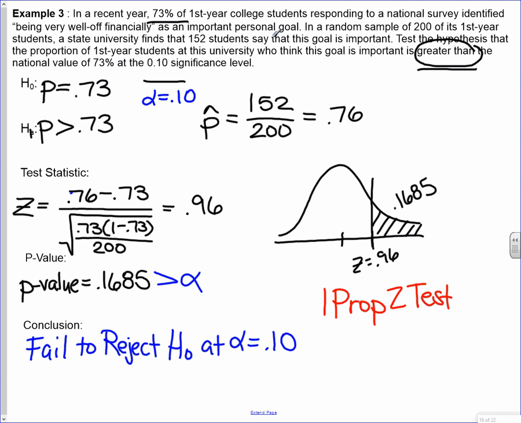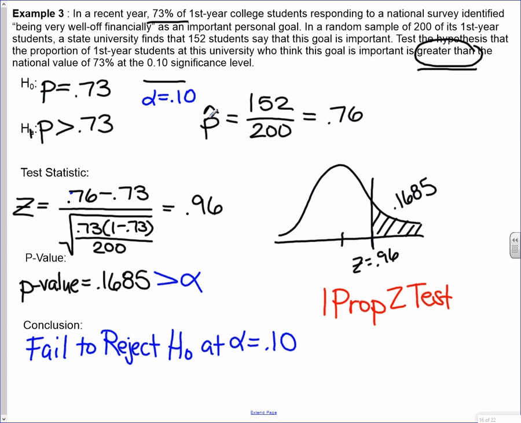One way to figure that out is if they don't give you a standard deviation, then you're probably doing proportions, right? Because we need a standard deviation if we're doing means. But for proportions, we're looking for those percentages, or 152 out of 200, that kind of gives us an idea we're doing proportions. So our null is p equal to 0.73. Our alternative is that p is greater than 0.73.